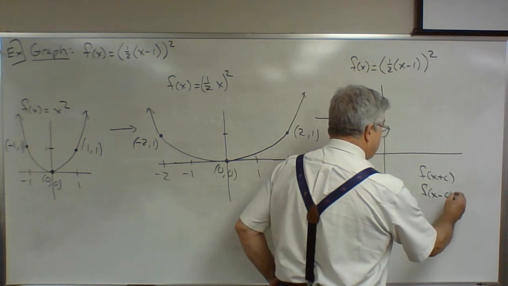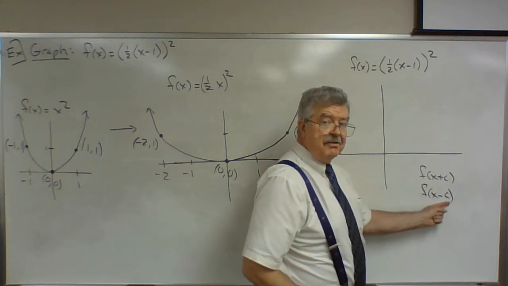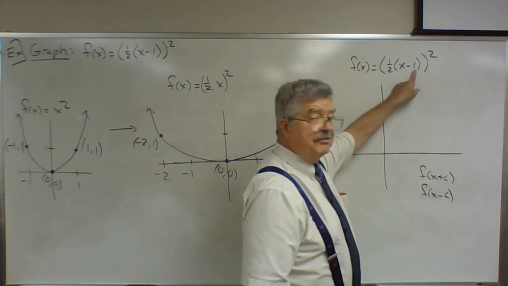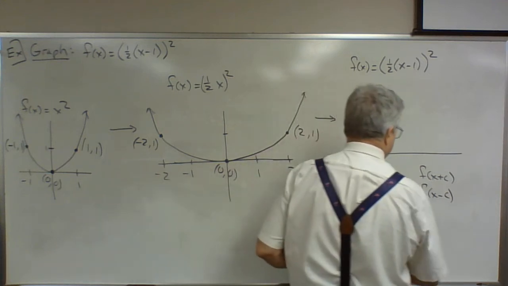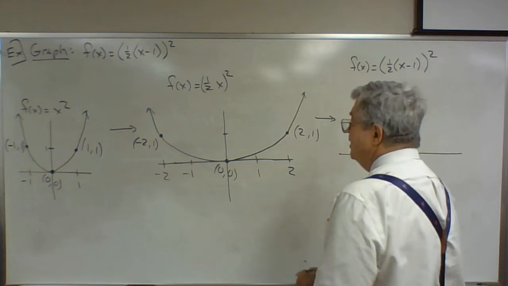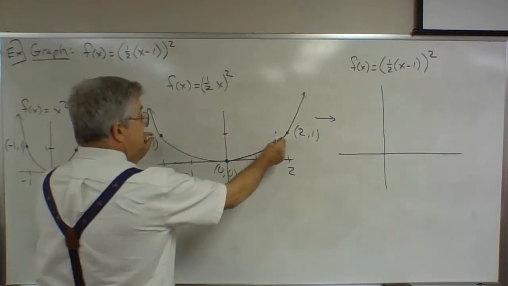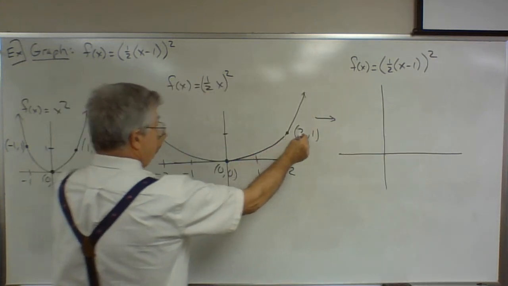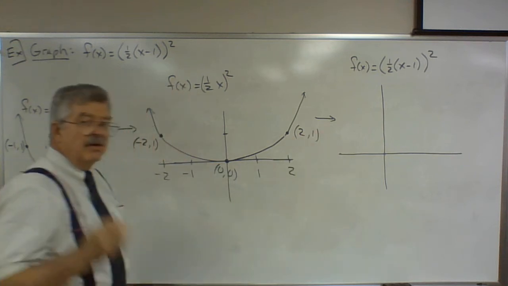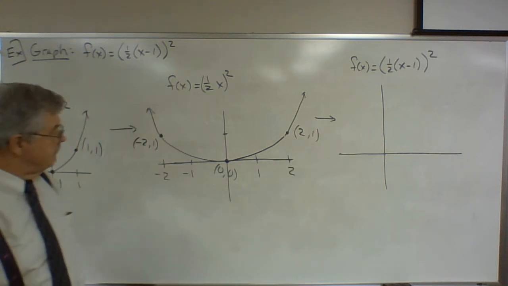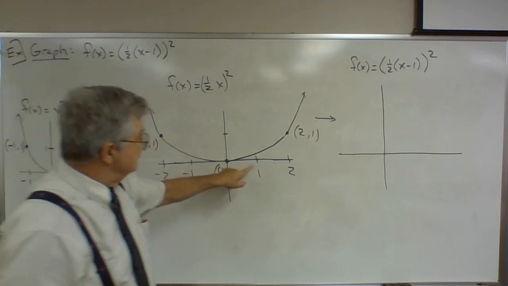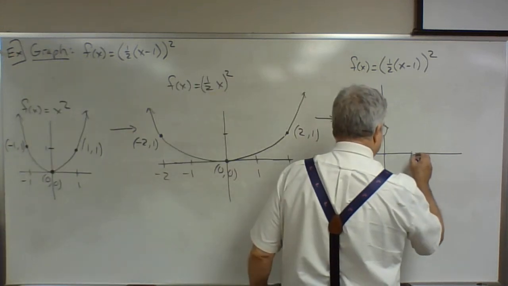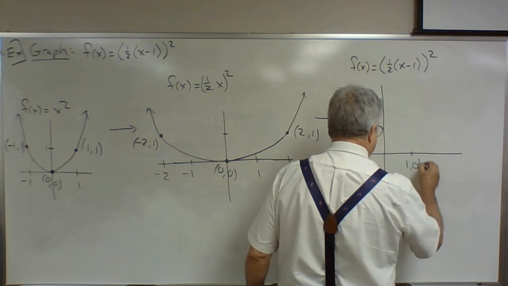F of x minus c is a shift to the right. So we're shifting everything to the right 1 unit. Which means we're going to take this graph, pick it up, and move the whole thing 1 unit to the right. So this point that lies on the origin is going to be 1 unit to the right. It's going to lie at 1, 0.